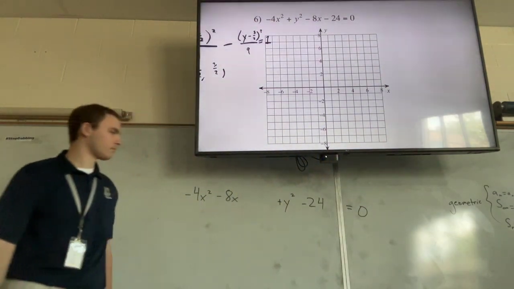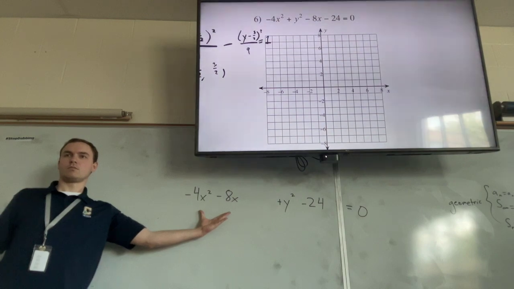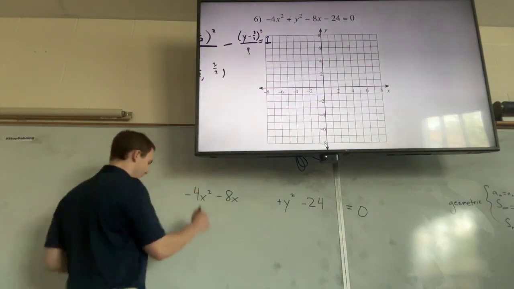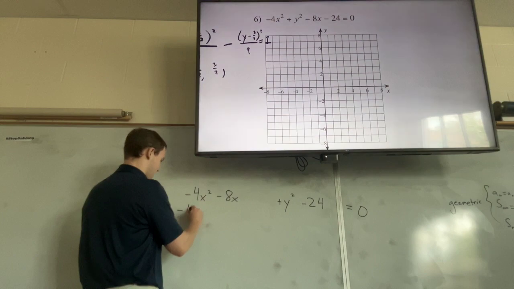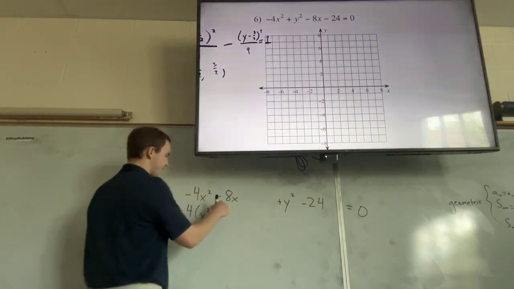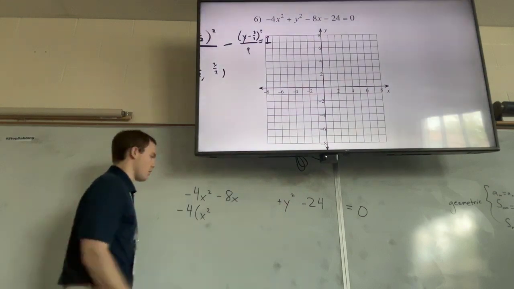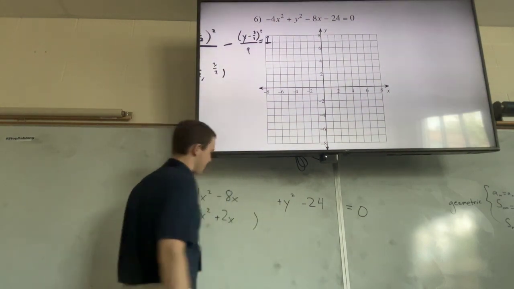What do I do? Yeah, pull it out, okay? And I'm factoring out negative 4, so be careful. What's negative 8 divided by negative 4? 2, good. Plus 2x, okay? What do I put in my blank space?